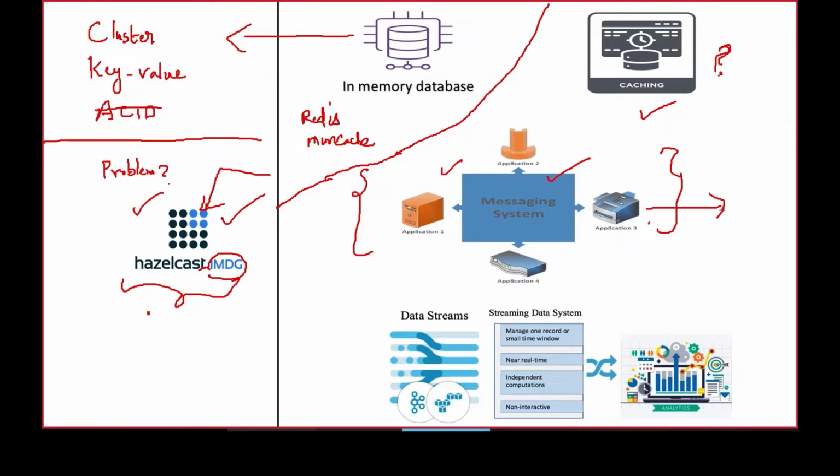So again, it is important for us to understand what a messaging system is. Primarily, I'm just telling you it is not only about providing in-memory storage, it also provides caching in a way, and it provides a messaging system, as well as it also works as a streaming system.